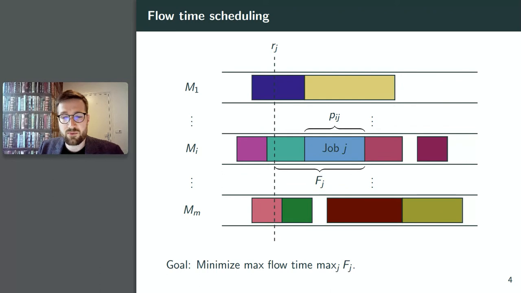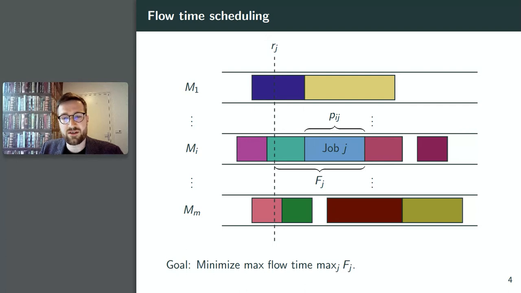So one job is characterized by its processing times, p_ij, and here it is noteworthy that since we are looking at the unrelated machine model, the processing time can be different on each machine. So this is the processing time of job j on machine i, and this could be very different on another machine. If I place this same job on machine 1, it might have a different processing time.